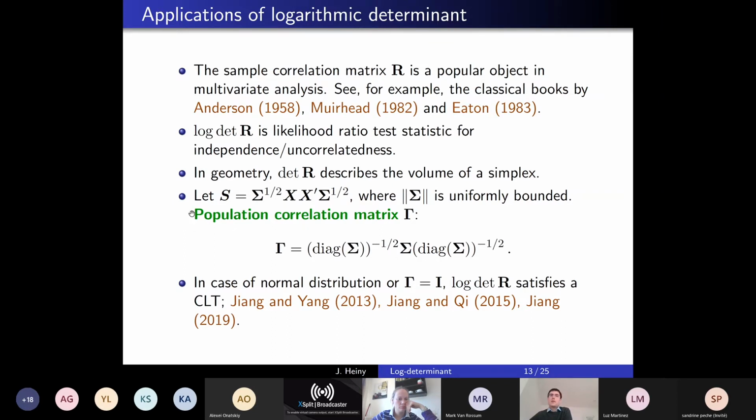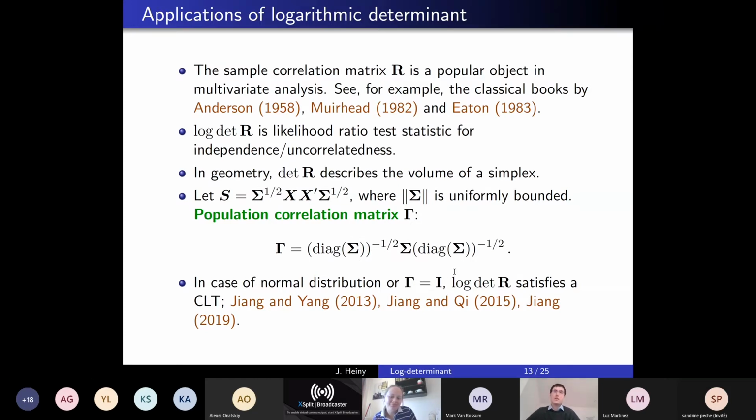And then the population correlation matrix, here denoted by gamma, which is the true correlation matrix underlying the model here, is given by this expression. So it's the same definition as R, just replace S by its expectation. And we are now interested in a central limit theorem for this log determinant.